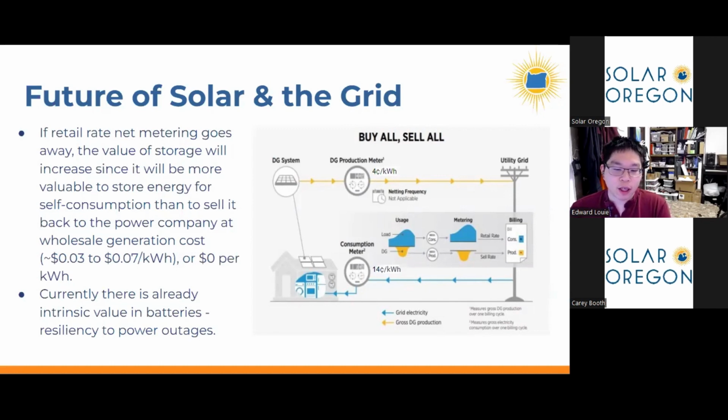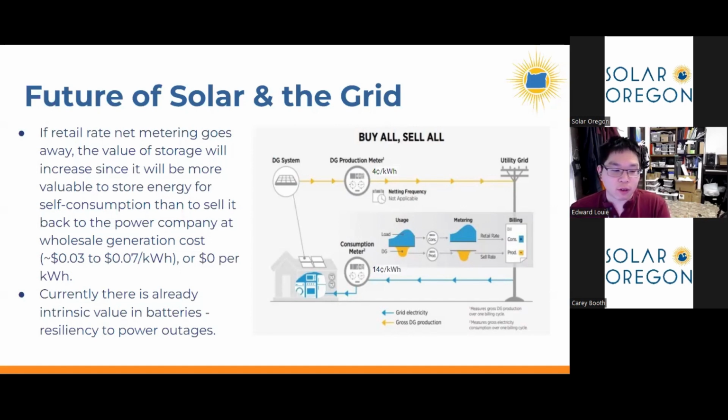This is what the electric utility has to pay themselves in terms of fuel cost in order to generate that kilowatt hour if they were to do it themselves. That's a concept called wholesale generation cost. And it's below retail rate because retail rate includes generation, taxes, some profit, distribution, transmission, and all that jazz.